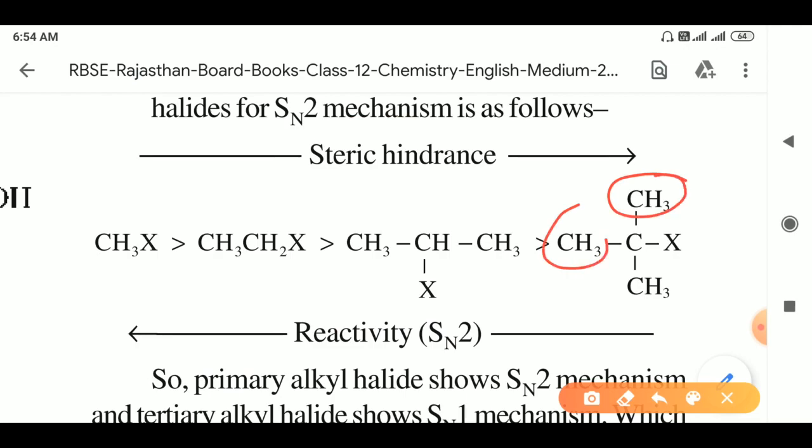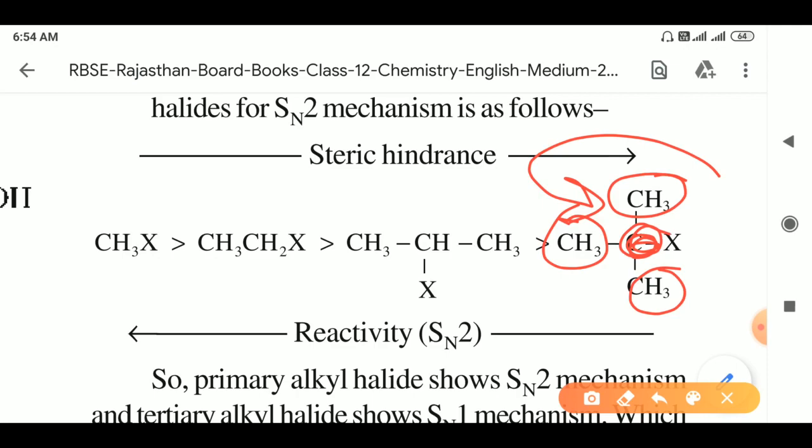These three CH3 groups show steric hindrance for the nucleophile. Understand this: when the nucleophile attacks the carbon atom from the backside, these three CH3 groups form a barrier for the nucleophile to reach the carbon atom.